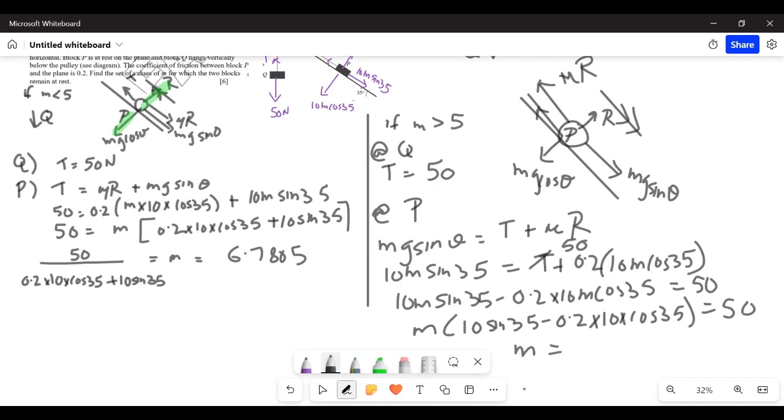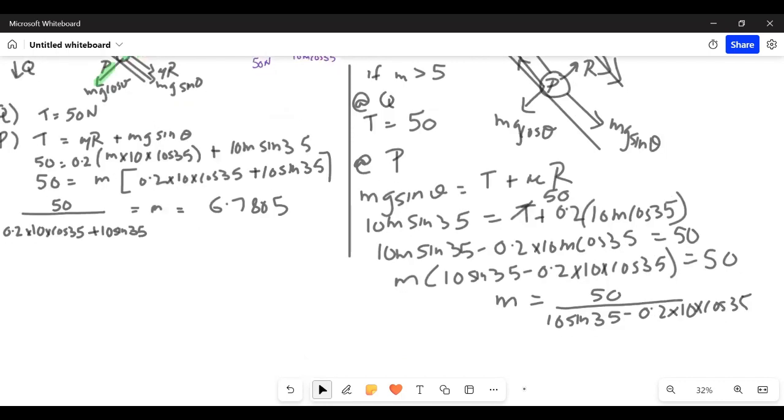Take this to the other side, divide it with 50. So m comes out to be, it should be 12.2 according to the answer.